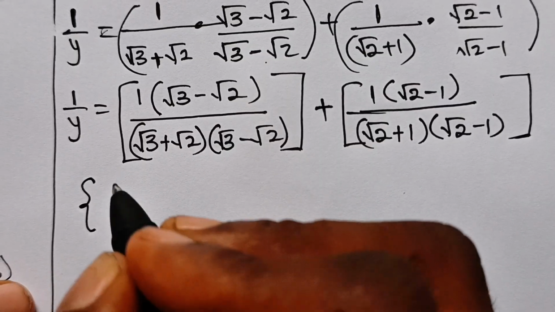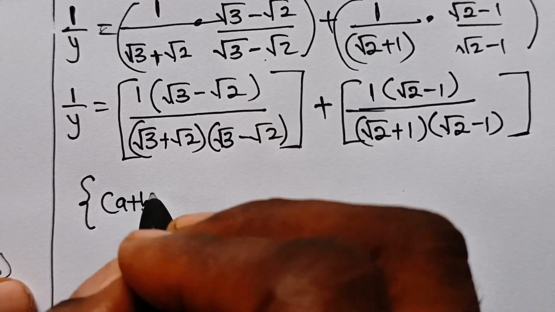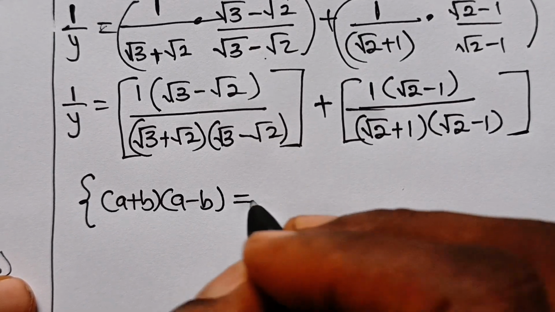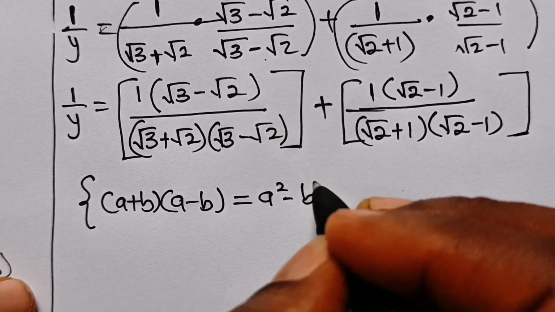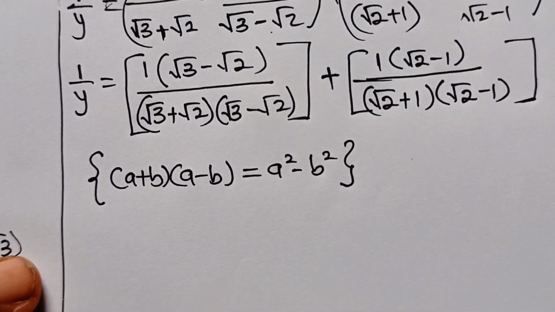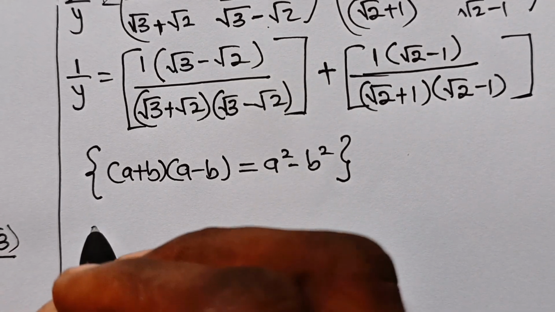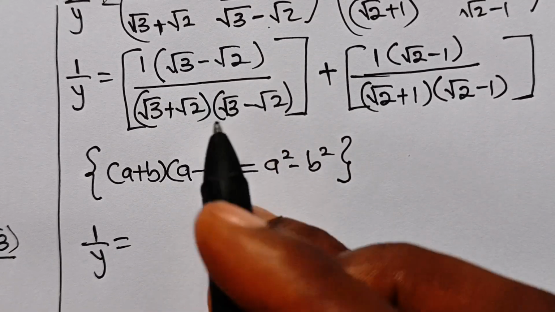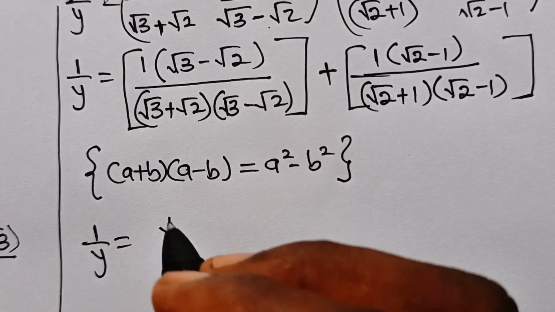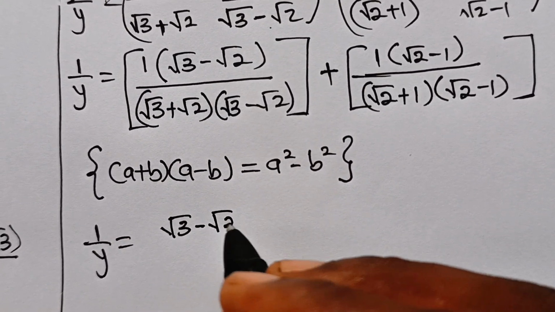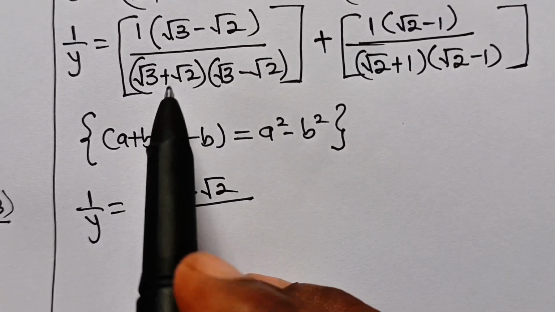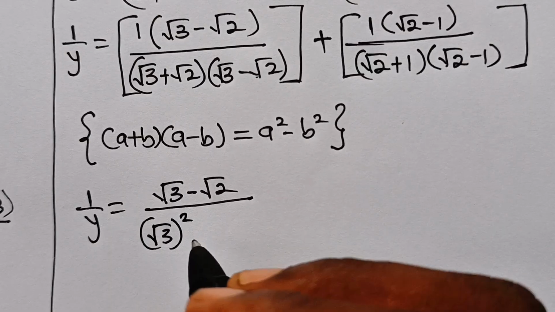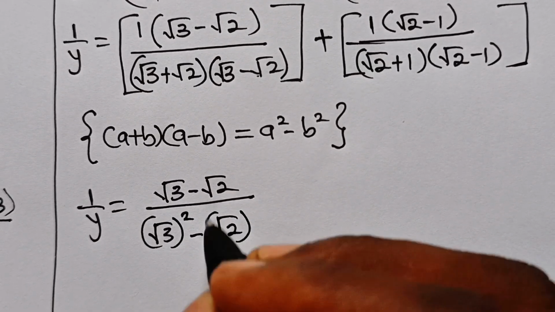I want you to remember that a plus b multiplied by a minus b is equal to a squared minus b squared. So we can write that 1 over y is equal to, so this will be 1 times this will give us the same thing, root 3 minus root 2 divided by, and this multiplied by this will give us root 3 squared minus root 2 squared.